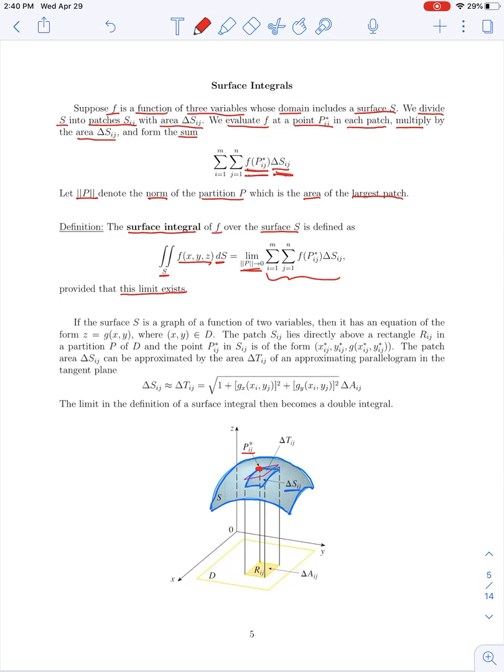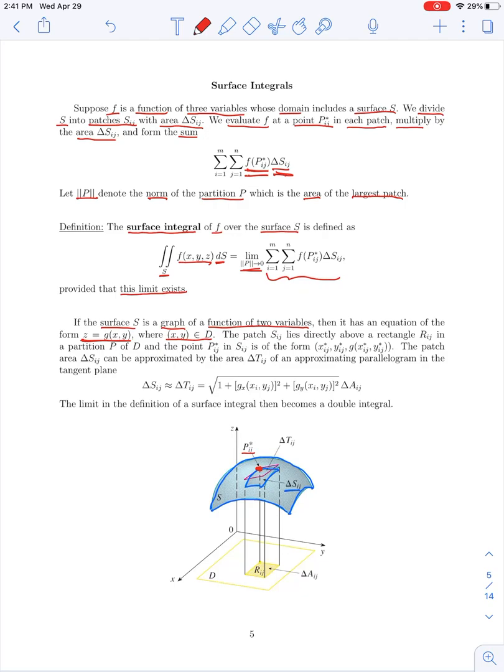we can consider our surface S as the graph of a function of two variables. So let's suppose that we have a surface which could be described as the graph of a function of two variables. Let's say that it has the equation z equals g of x, y, where x, y lies in some domain D of the plane.